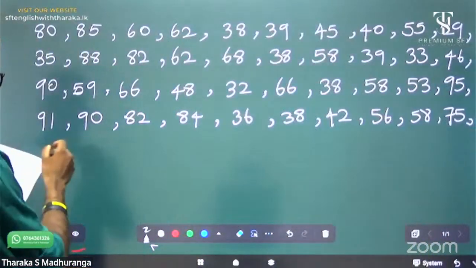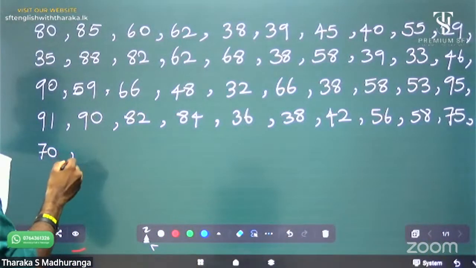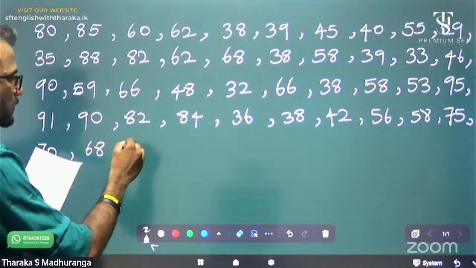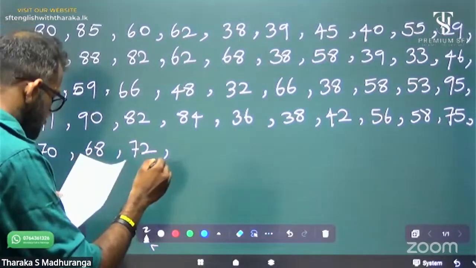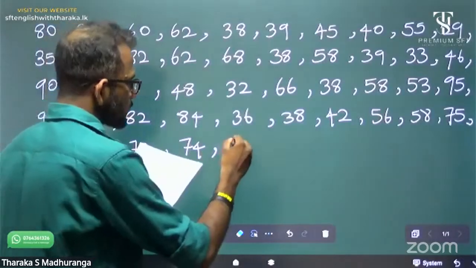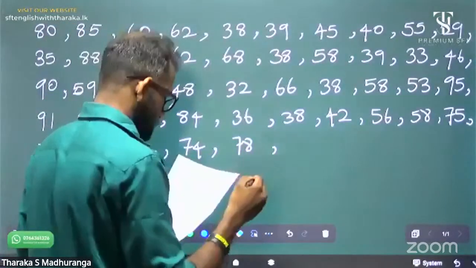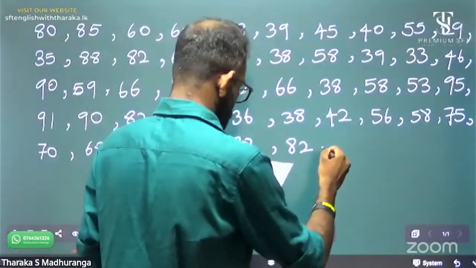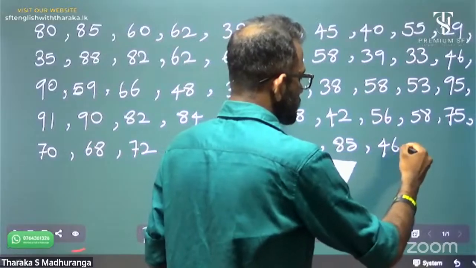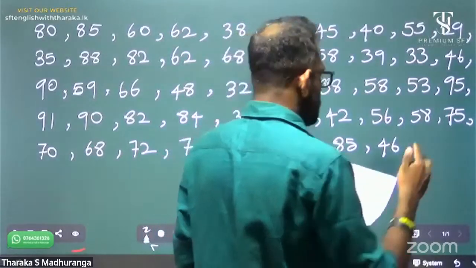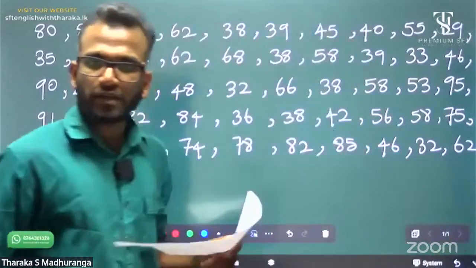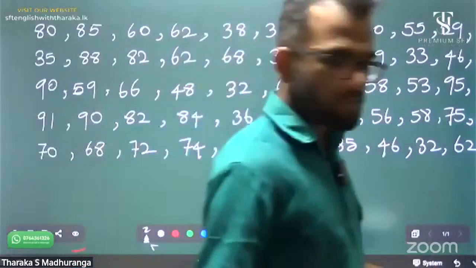Now correct. 70, 68, 72, 74, 78, 82, 85, 46, 32, 62. Finally, now correct. Okay, thank you.